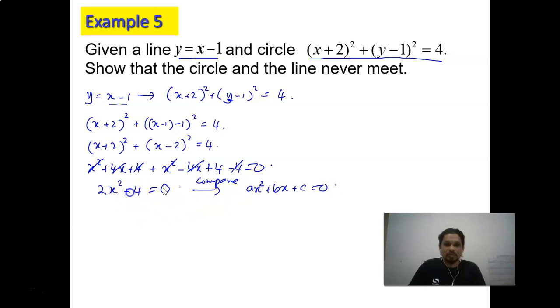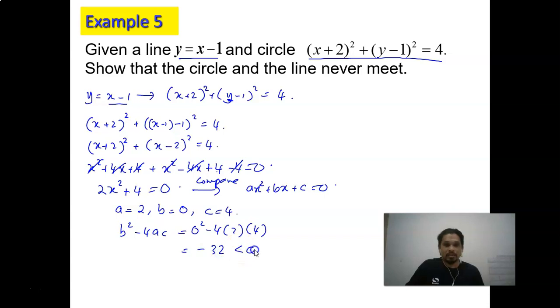When you compare, we get a equal to 2, b equal to 0, and c equal to 4. Okay, so using b squared minus 4ac, which is 0 squared minus 4 times 2 times 4, equal to negative 32.